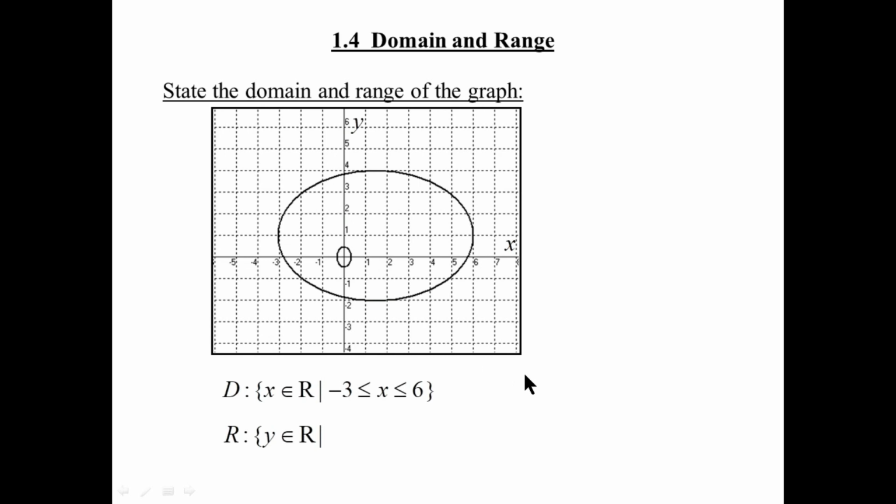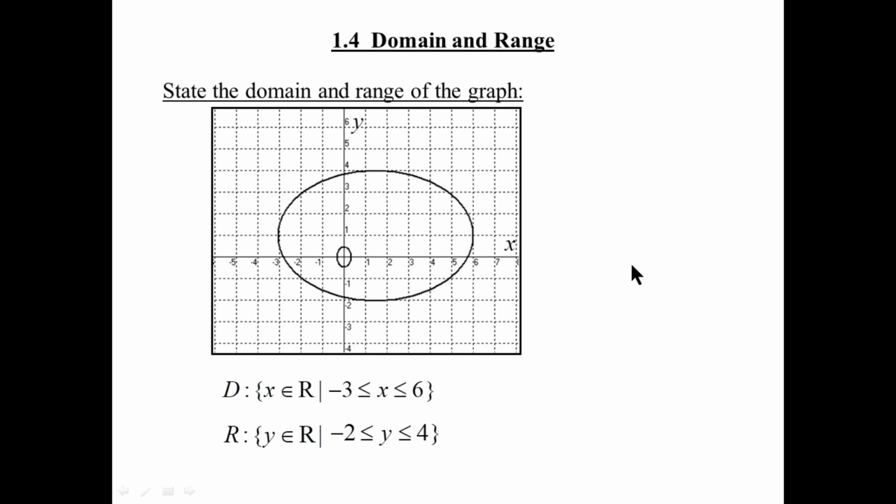So we actually put y in between -2 and 4. And we use less than or equal to symbols like this. This symbol says less than or equal to. Notice, please, the lowest number out of these two, -2 and 4, goes on the left. See -3 and 6, the lowest number goes on the left.